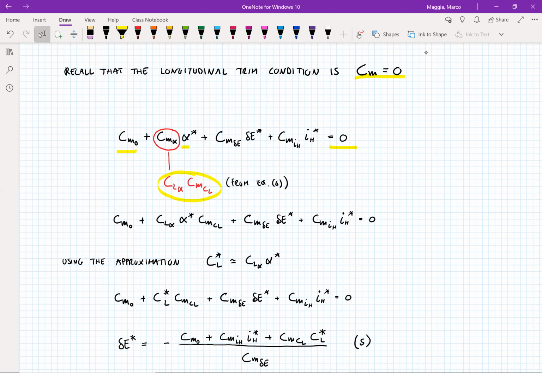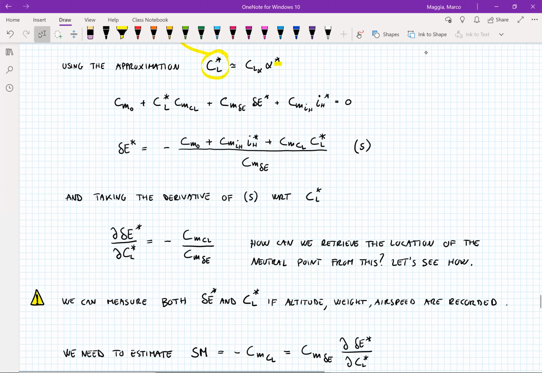And of course, everything else is the same. Now we're going to use a little bit of an approximation, saying that CL is pretty much proportional to CL alpha times alpha star. So we can substitute this right here.